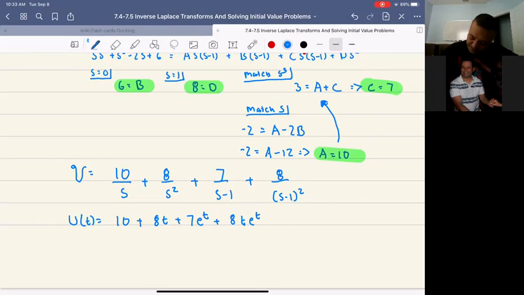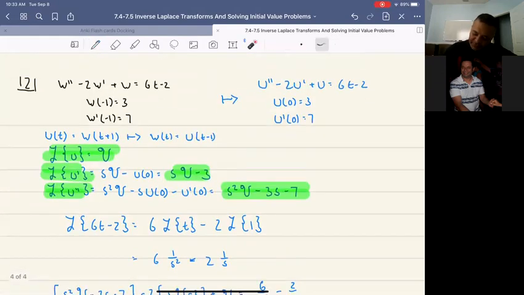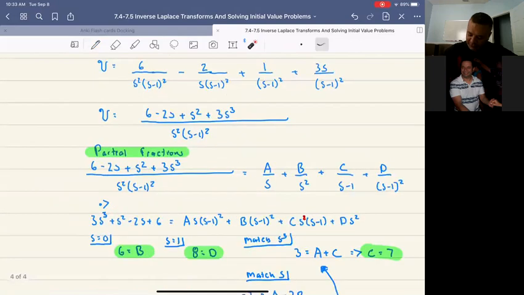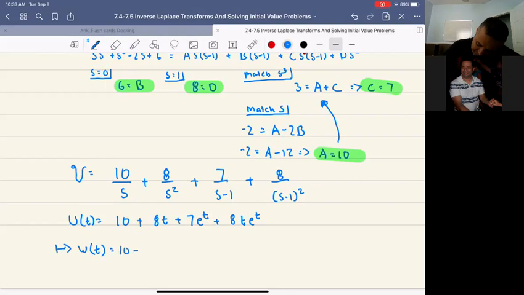Remember, w of t from way up here is u of t minus 1. So it's 10 plus 8 times t minus 1 plus 7 e to the t minus 1 plus 8 times t minus 1 e to the t minus 1.